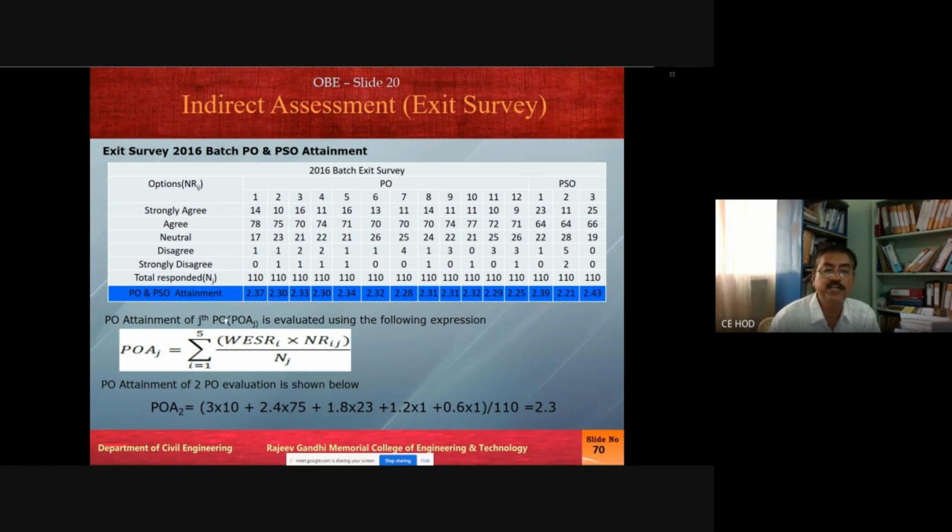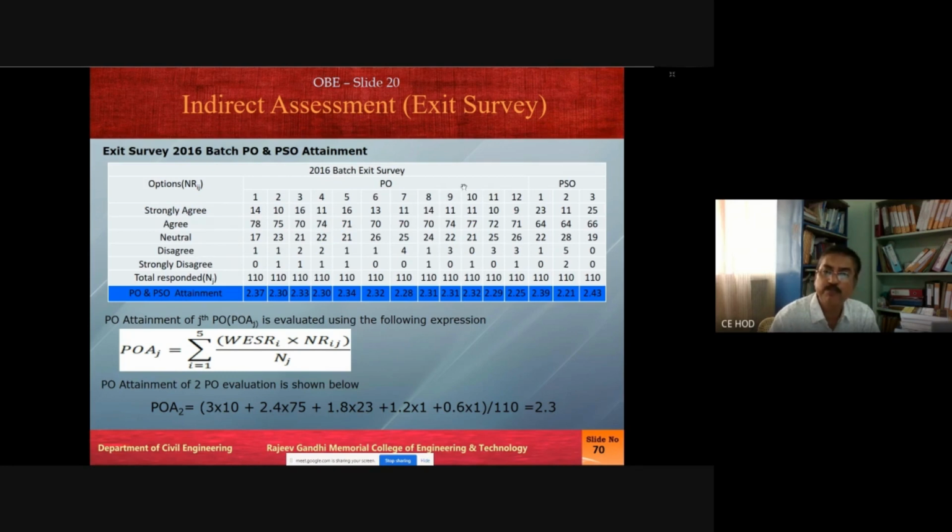Based on this equation, we have calculated the PO attainment: strongly agree 3 into 10, agree 2.4 into 75, neutral 1.8 into 23, disagree 1.2 into 1, strongly disagree 0.6 into 1, totally divided by the total number of students, 110. PO attainment 2 is 2.3, sir, from the exit survey.